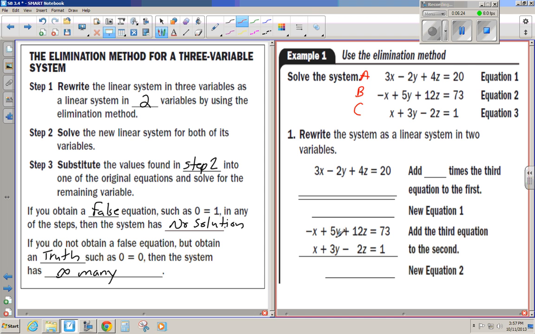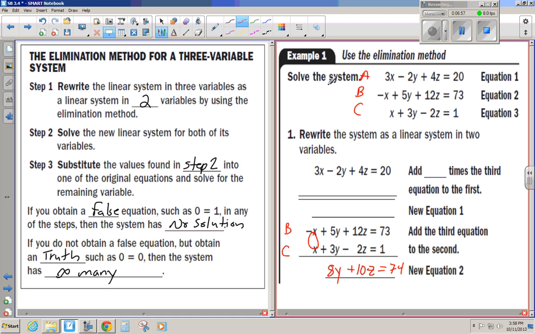If we do that right here, this is B and this is C. When I do the elimination, negative x plus x becomes 0. 5 plus 3 is 8y. 12z minus 2z is 10z. 73 plus 1 is 74. So that's one of my new equations.